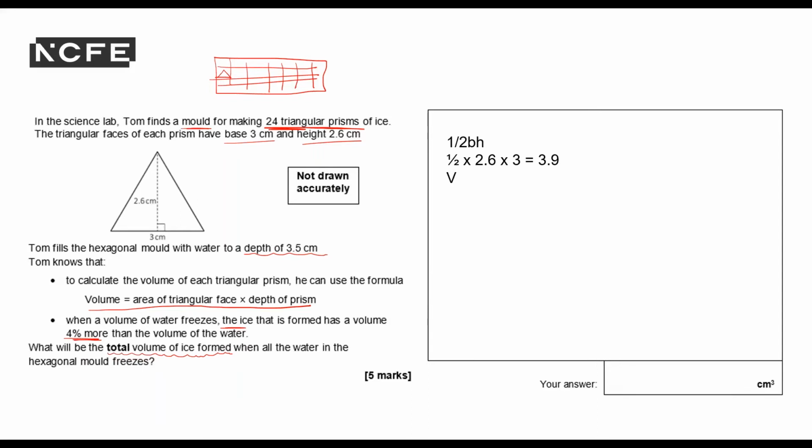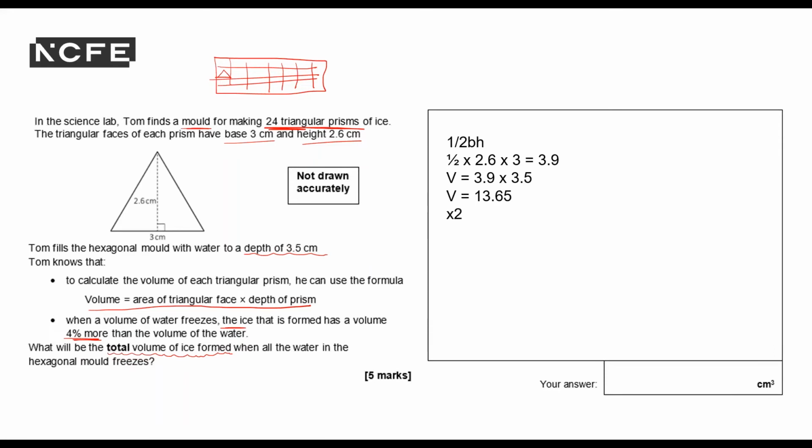So volume equals 3.9 times the depth, which was 3.5. So 3.9 times 3.5 equals 13.65. So the volume equals 13.65.